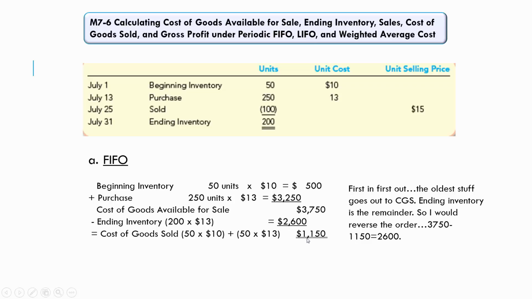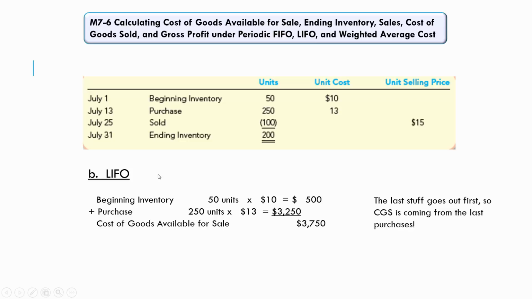Now, if we do FIFO, if we do LIFO, if we do weighted average, our goods available is going to be the same as long as we have the same yellow setup up here. It's going to be 3750 because it's this times this and this times this. Doesn't change. It's always going to be 3750. The difference is going to be how much we put in ending inventory and how much we put in cost of goods sold.